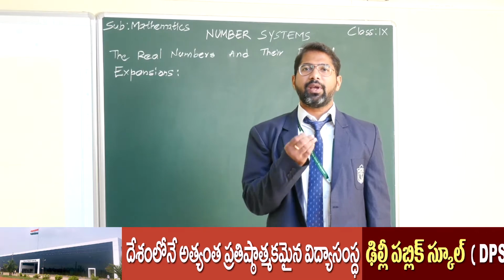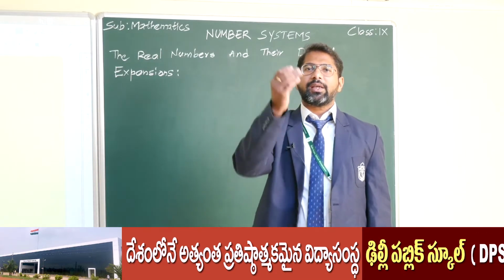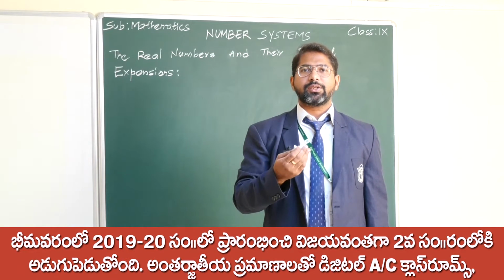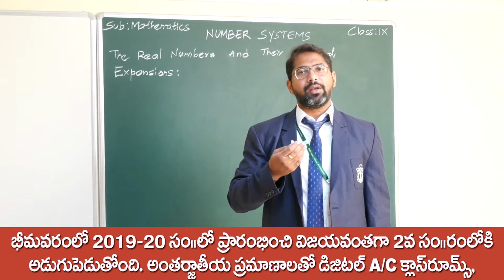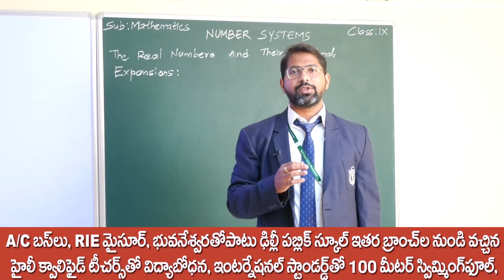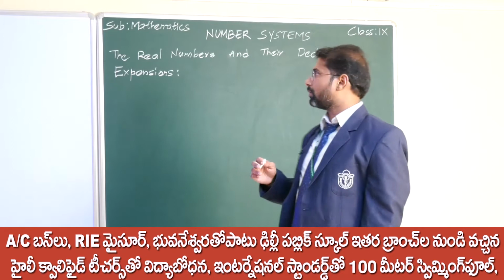Again we have seen that rational numbers are classified into integers, whole numbers and natural numbers. This is all about real numbers, what we have learned so far.